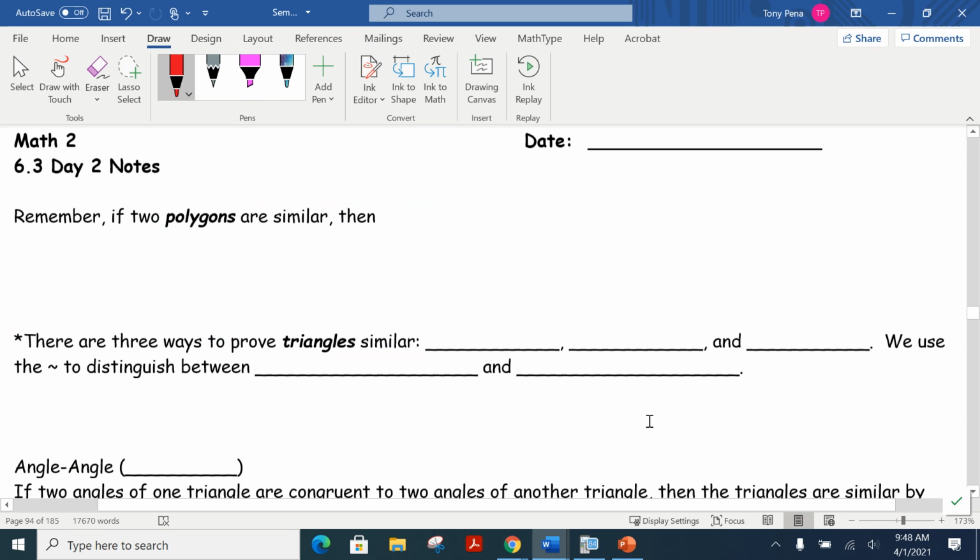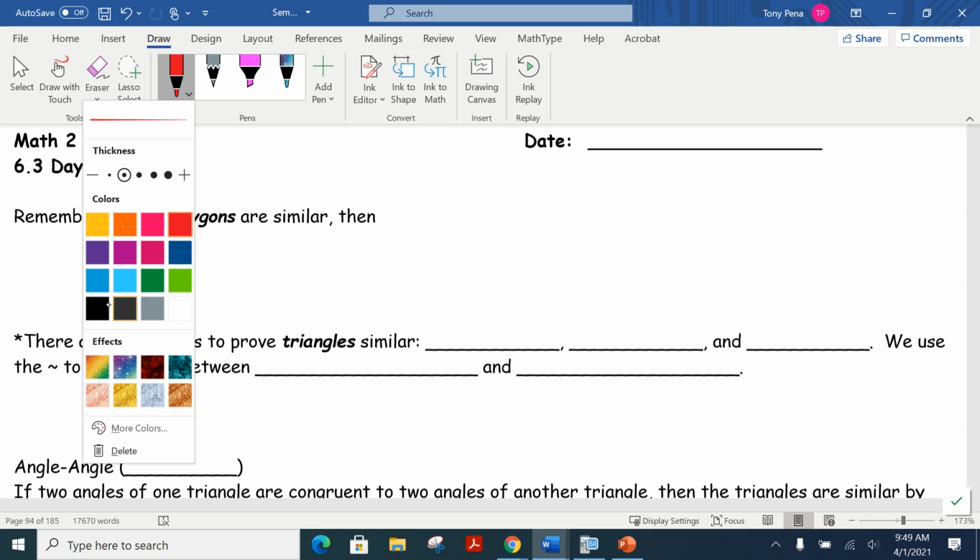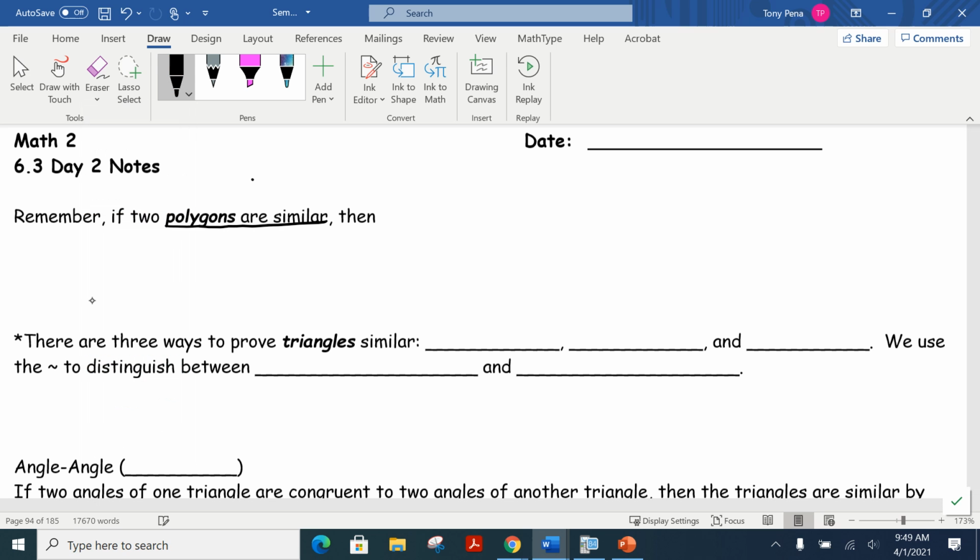All right, so first thing we're writing here, just a little review. If two polygons are similar, so triangles, rectangles, whatever, then the two things that we always know is all corresponding angles are congruent. Okay, so we've definitely been using that idea.